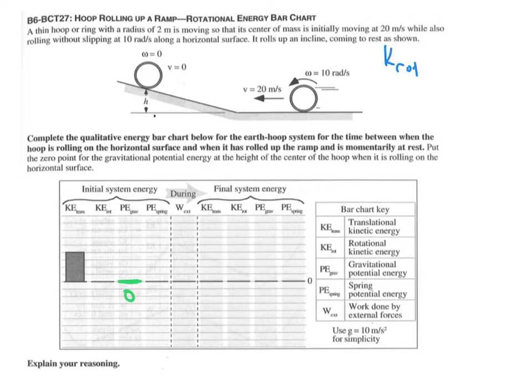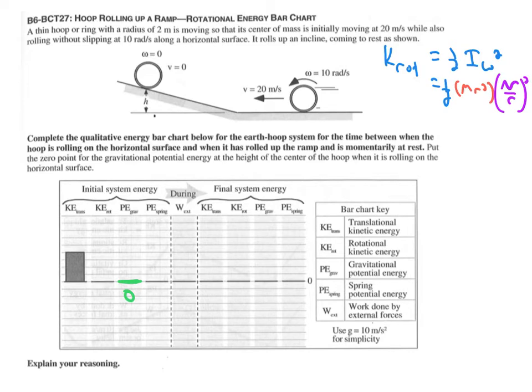K rotational is 1/2 I omega squared, but for a hoop, I is mr squared, and for a thing rolling without slipping, omega is v over r.